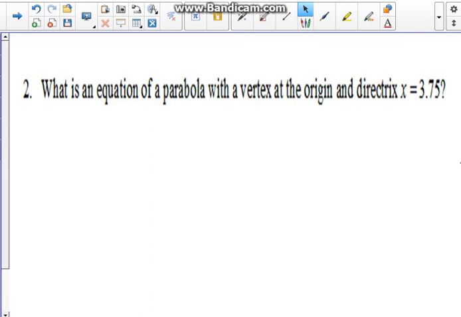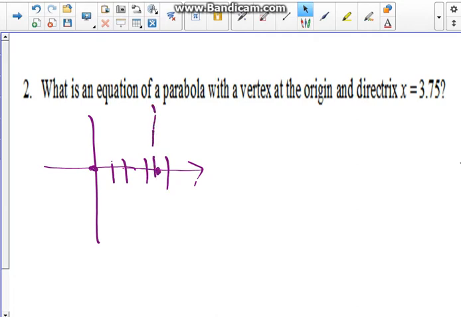Number 2 states write an equation of a parabola with a vertex at the origin. So let's draw this again. The vertex here, and the directrix at x equals 3.75. So now we're going on the x-axis. 1, 2, 3, 4. So it's about right there. It is a line crossing through our x-axis.